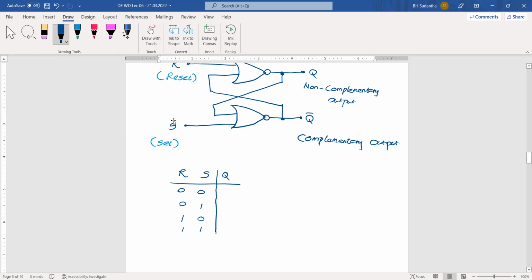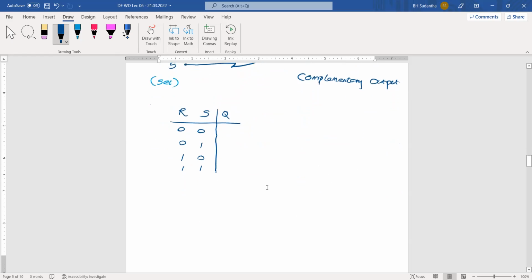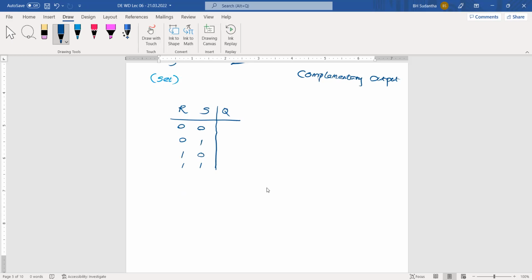Here you have to understand one thing: there should be a timeline. It's not like the previous circuits we have discussed so far. Why do we need a timeline here? Understand this very carefully.